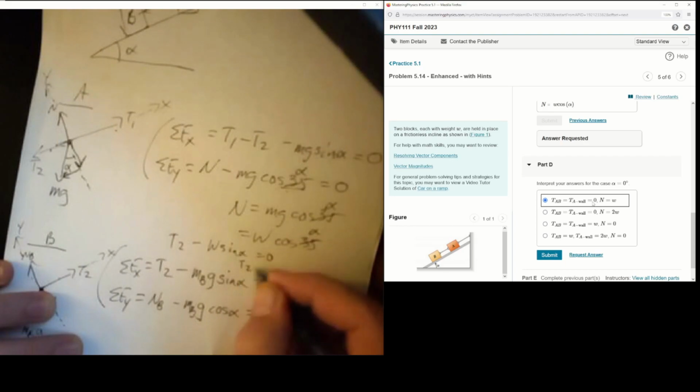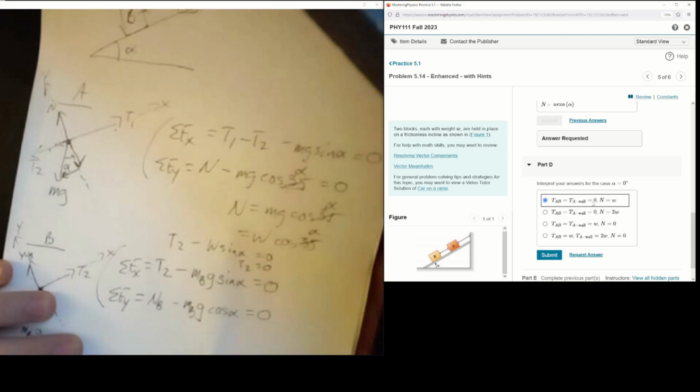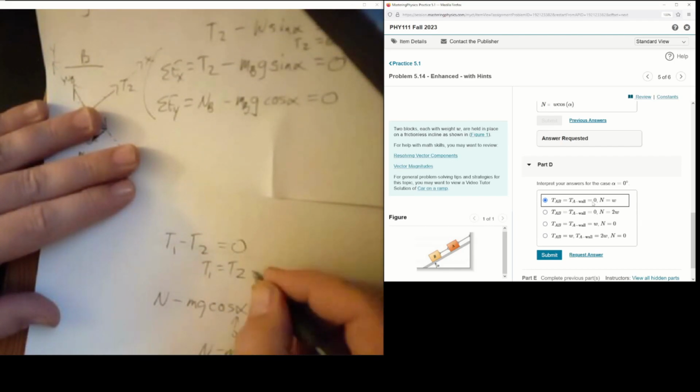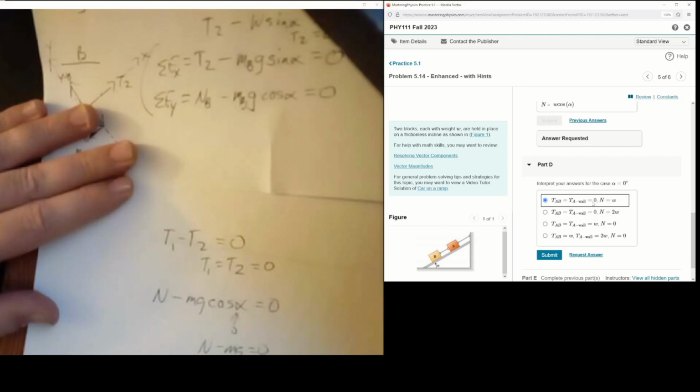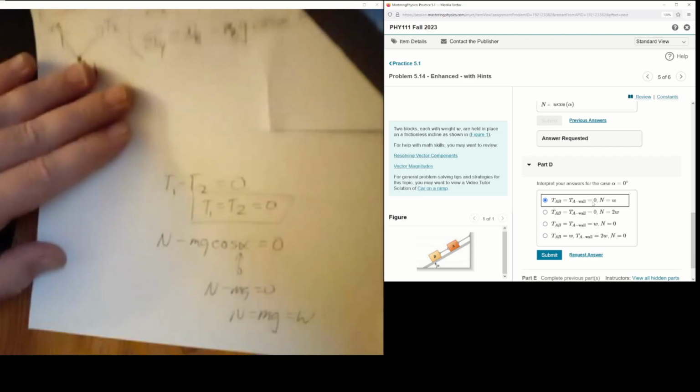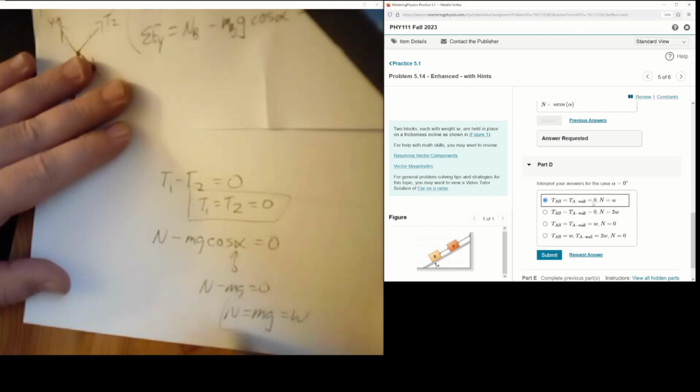And so we would get tension 2 is 0. And then coupled with tension 1 has to equal tension 2, and tension 2 equals 0, means all those tensions will equal 0. And we have our normal force equals the weight. And only the first selection of these 4 gives us that. Only the first one does.